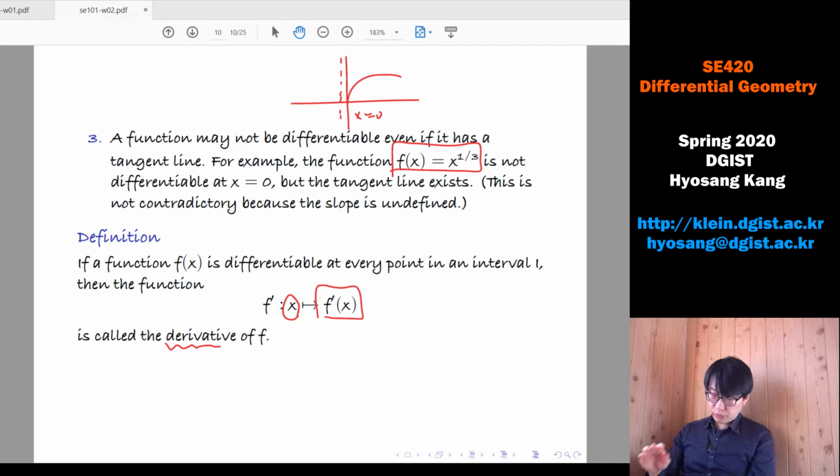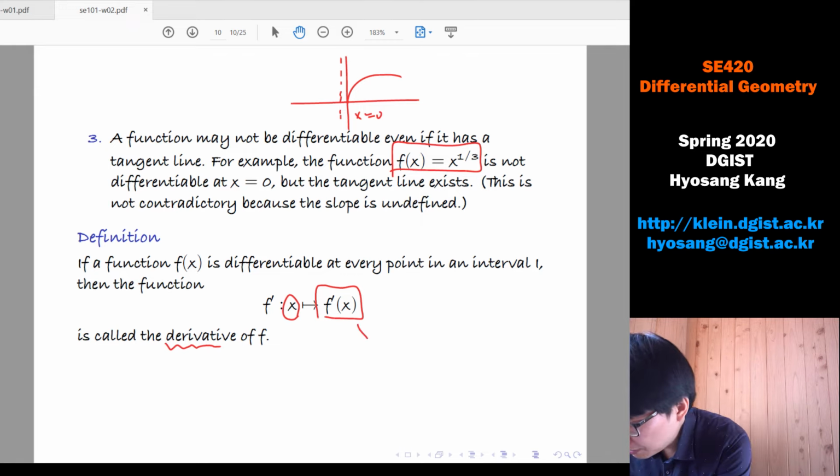The difference between derivative and differential is that the differential is a value, just the value of the limit defining the differentiability of the function, and the derivative is a function defined on the interval where the function is differentiable, which maps each point in that interval to the differential. So this is the differential and this is the derivative.